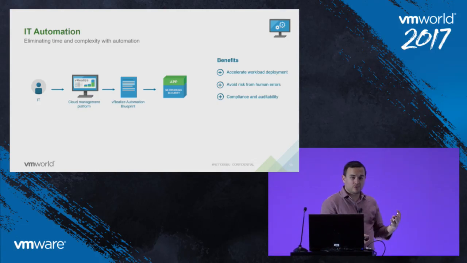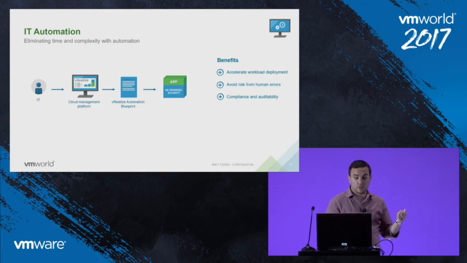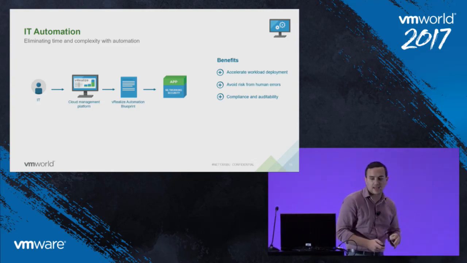If you want some more technical meat on this, there's a couple of sessions you can look at attending. There's Infrastructure as a Service and Day 2 Automation of NSX for vSphere using vRealize Orchestrator and vRealize Automation, and that takes place Thursday from 10:30 to 11:30. And you can look it up in the content catalog.